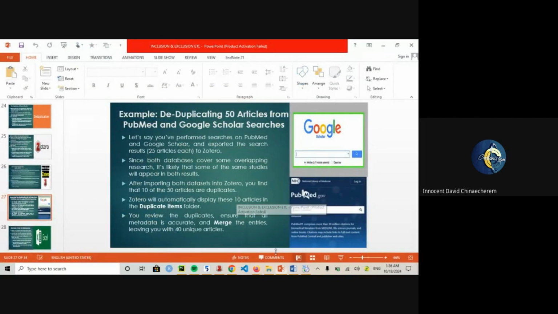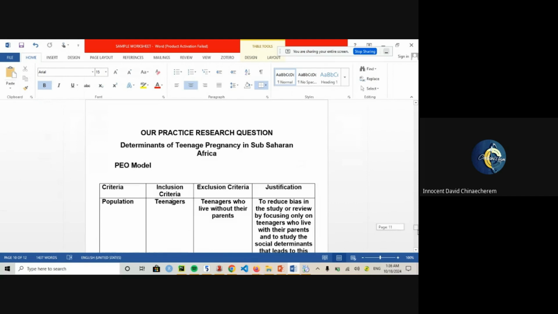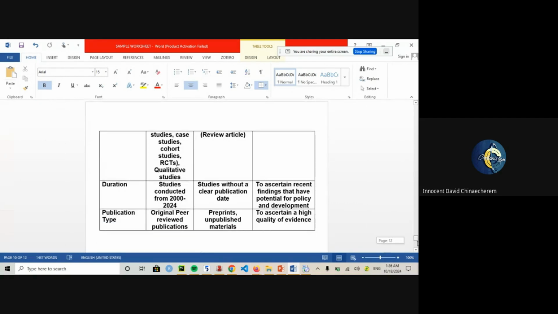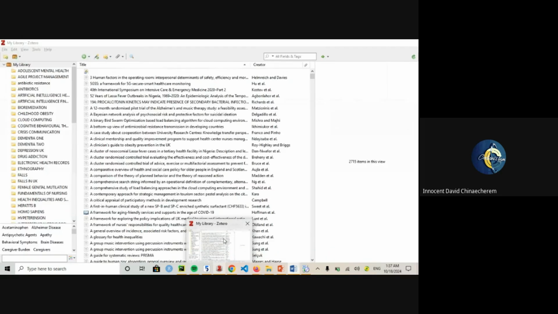So what am I going to do now? What we're going to do next is to pick up our search term from here, so we can see how we can use Zotero to perform our search and study screening.